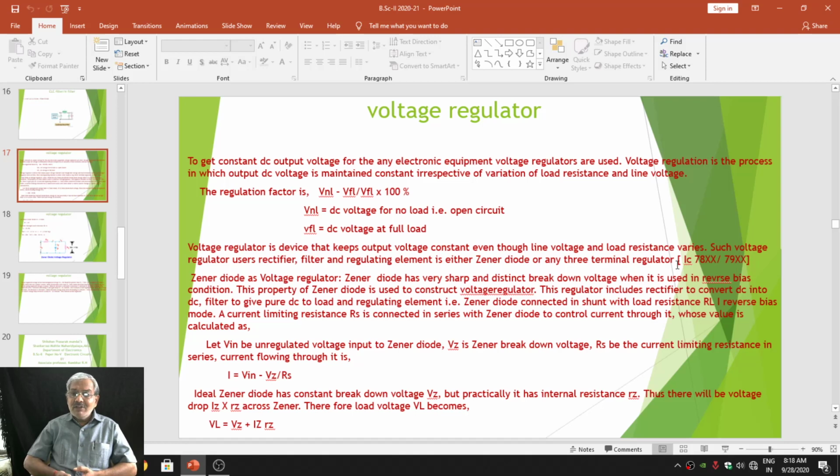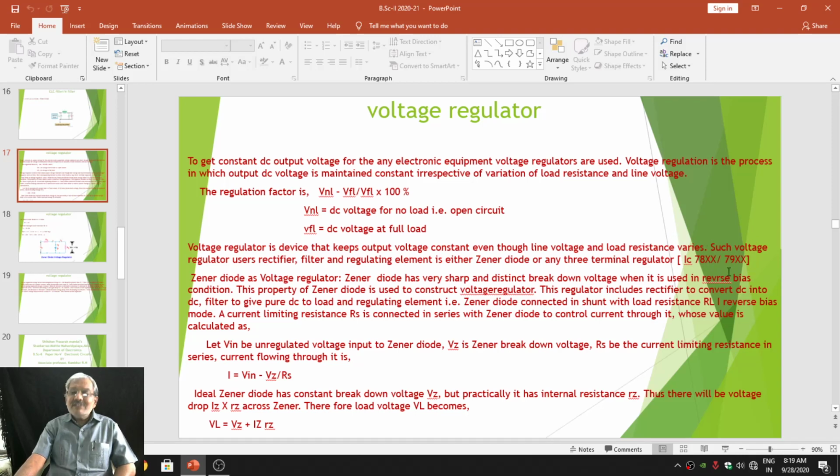Or nowadays, Zener diodes are replaced by integrated circuits known as 3-terminal ICs, which include the 78XX series or the 79XX series. The 78 series is a positive voltage regulator series, whereas the 79 series is a negative voltage regulator series.